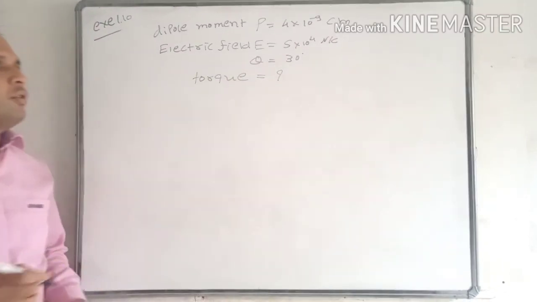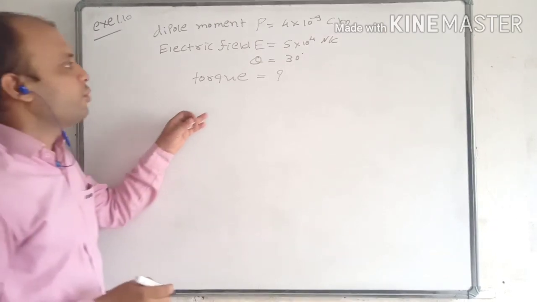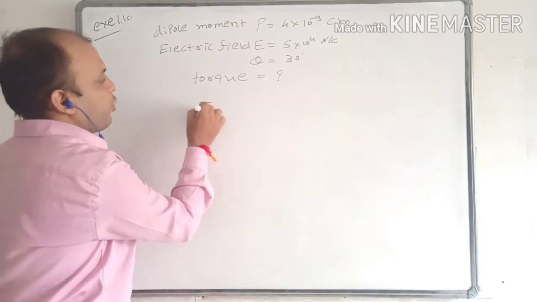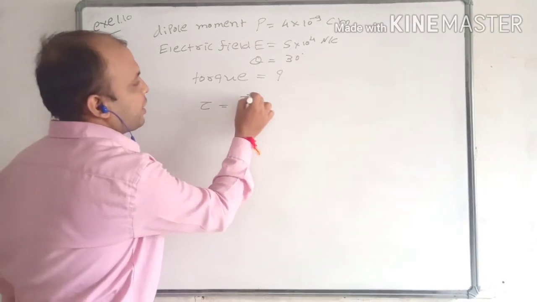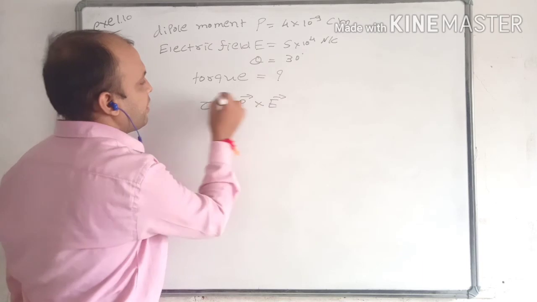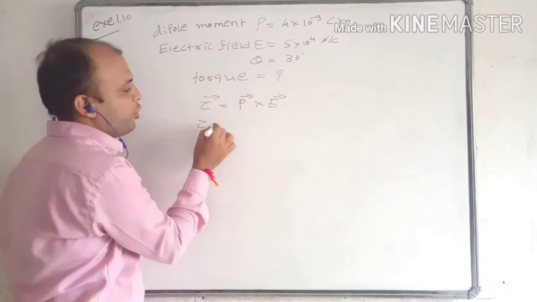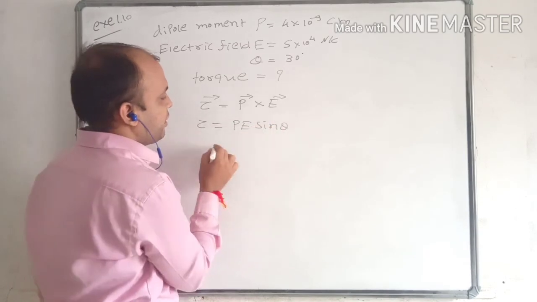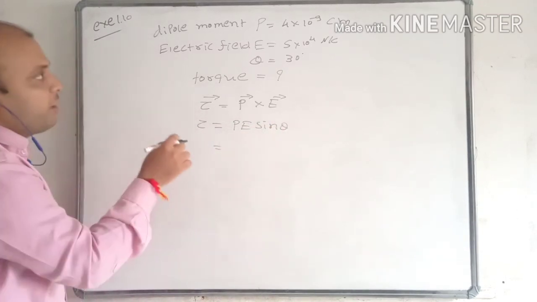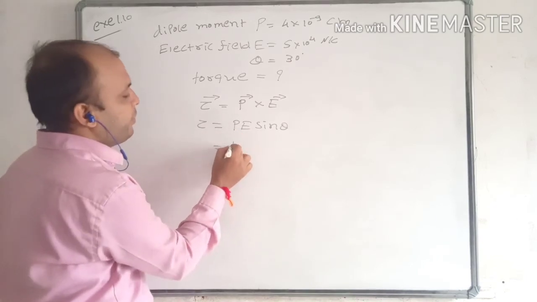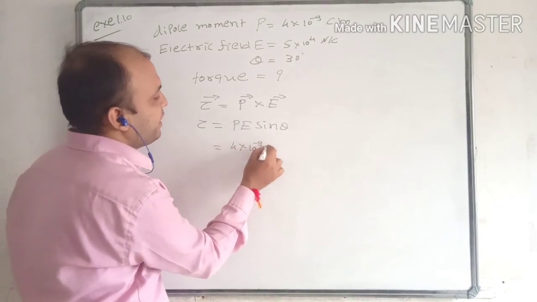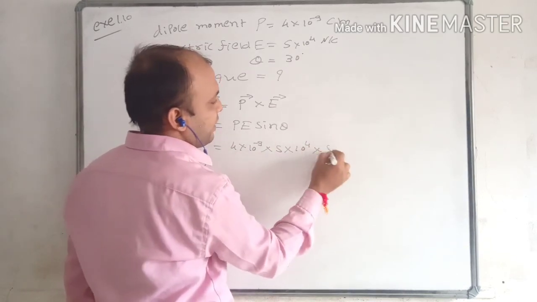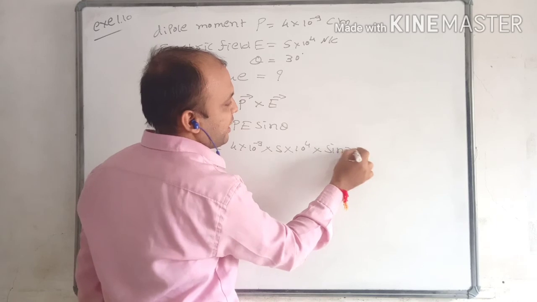Okay students, you should remember the formula for torque. Torque equals P cross E. So the value of torque will be P E sin theta. So here we have values for all the given terms. P will be 4 into 10 raised to minus 9, E will be 5 into 10 raised to 4, and sin theta, the angle is 30, so sin 30.